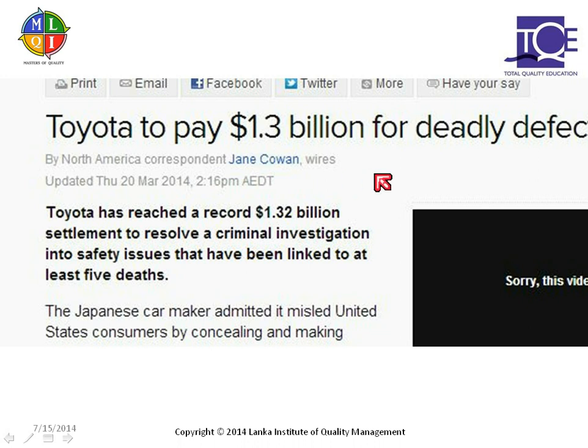In the past, you could produce products and then let the consumer suffer the consequences of deceit and concealing information about the danger of the use of the cars. Cigarettes, for example, were like that before, and then later on, they were ordered to pay a lot of compensation. In this case, Toyota paid 1.3 billion for all the defects.